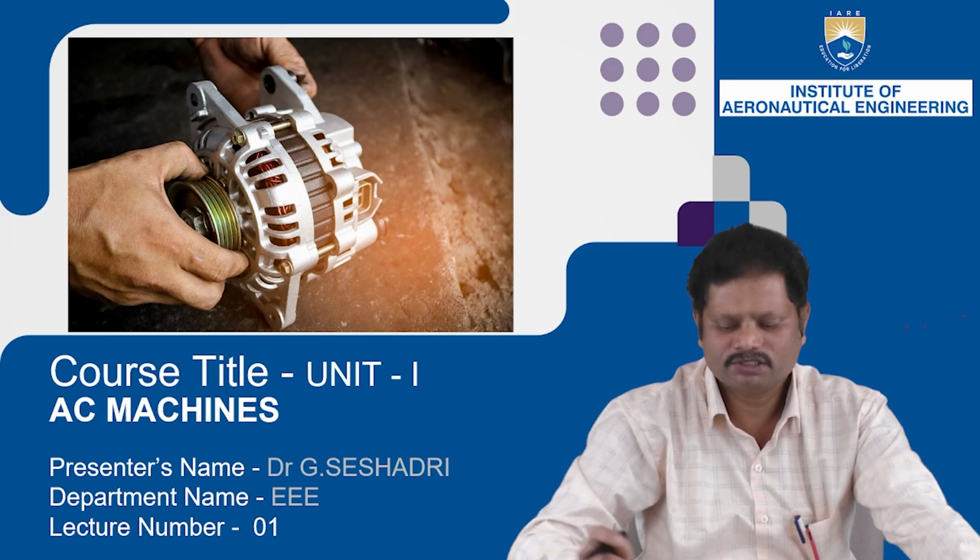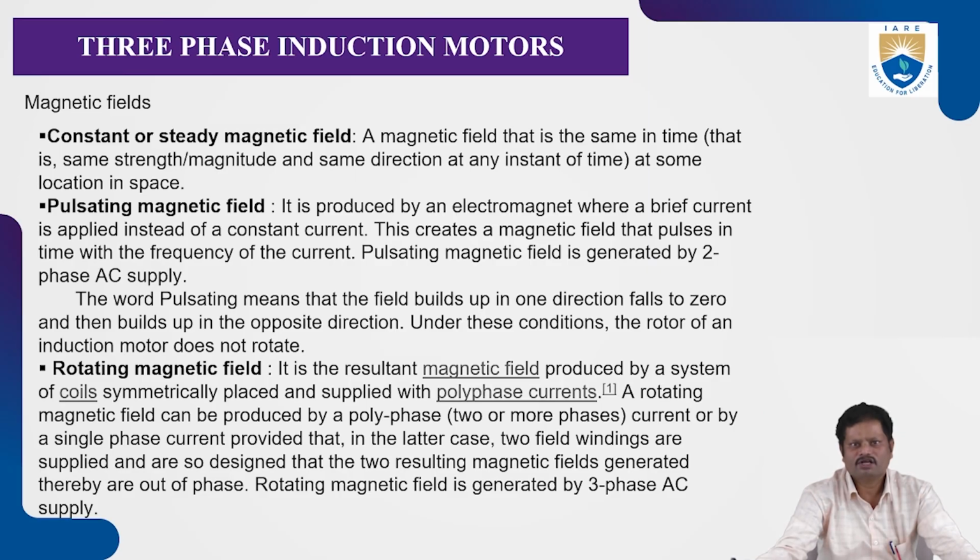Today our title is AC machines, which are classified as generators and motors. AC generators are also called alternators or synchronous generators.